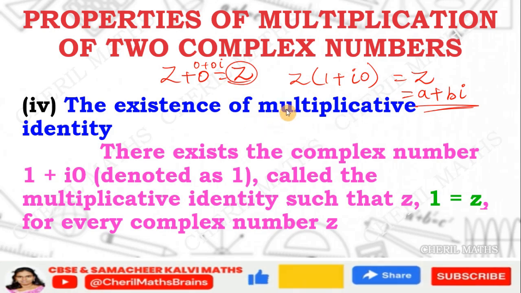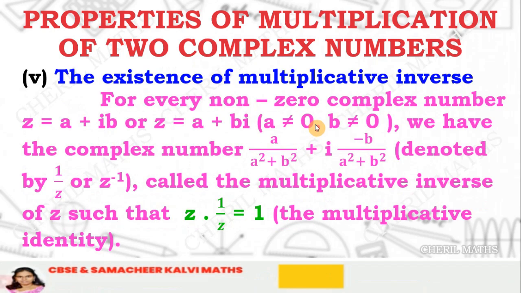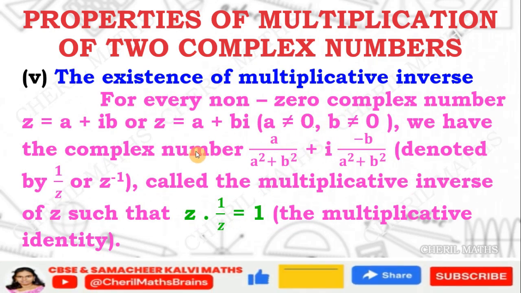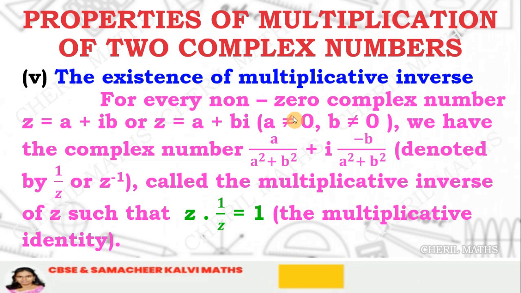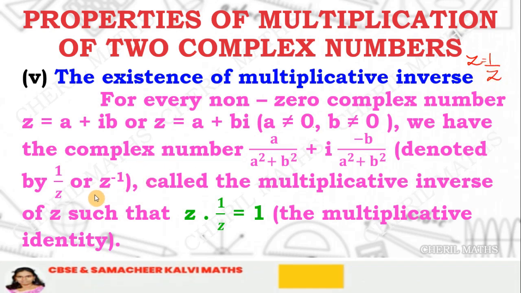So what will be the next one now? It will be multiplicative inverse identity. Okay, see multiplicative inverse identity here. Multiplicative inverse is what? For addition it means subtraction. Multiplicative inverse will be what? If it is going to be Z, it will be 1 by Z. Isn't it, children? So it will be 1 by Z, or you can write this as Z inverse.